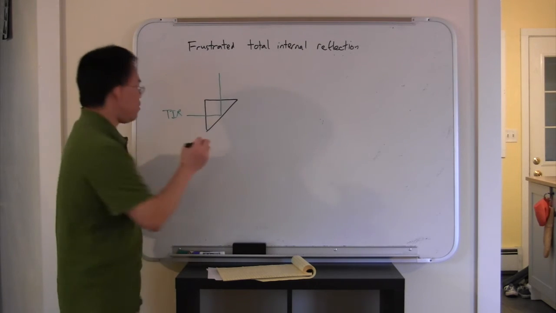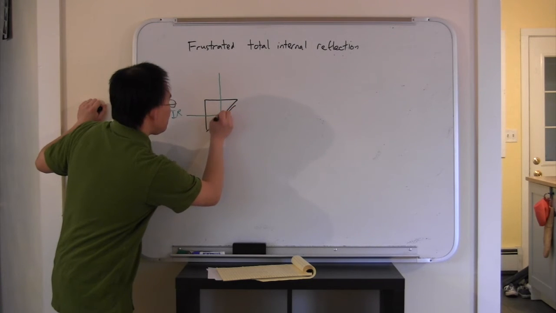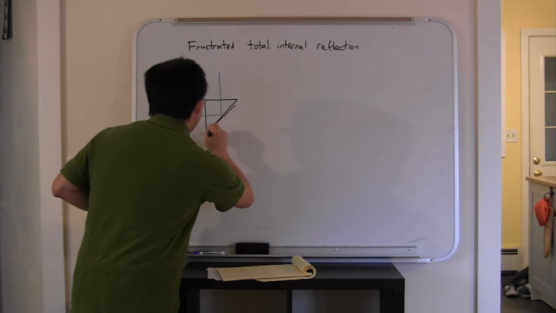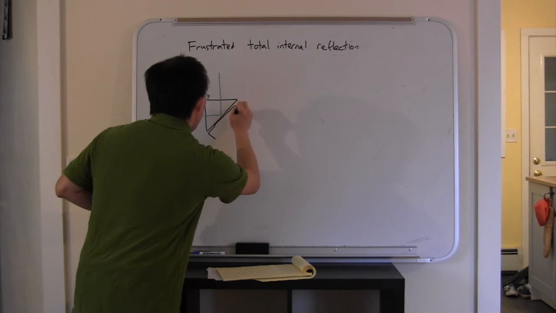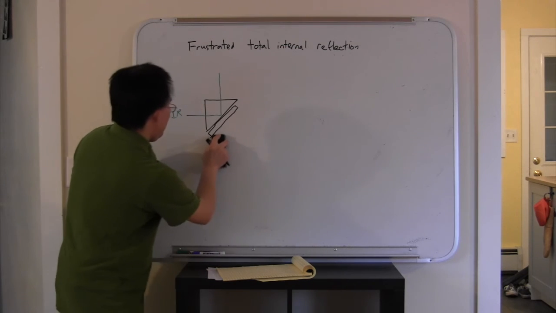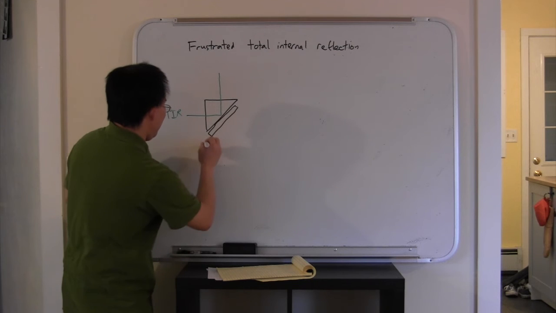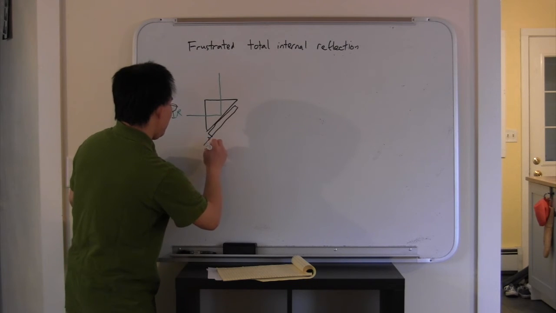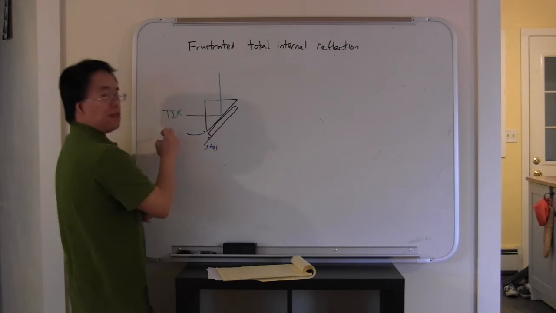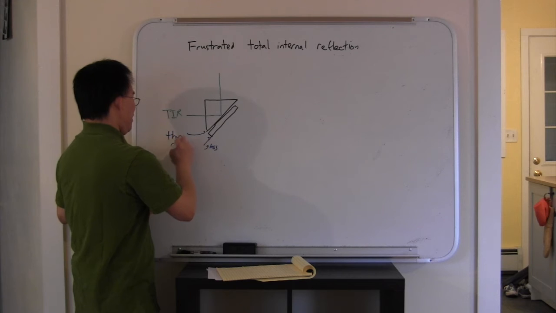They're using a curved piece of glass here, but the effect is still the same. I'm failing at drawing this, but if you imagine another piece of glass here, and then in between this prism and that glass plate, you have a really thin air gap.